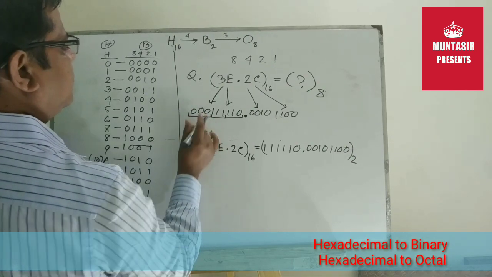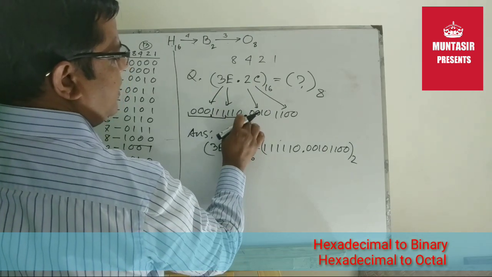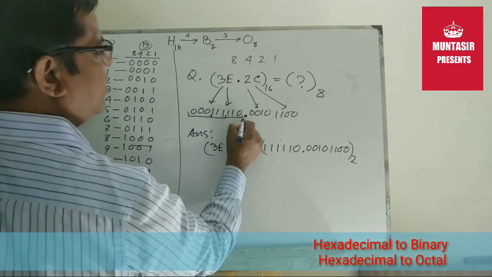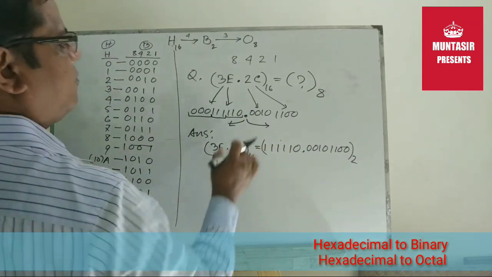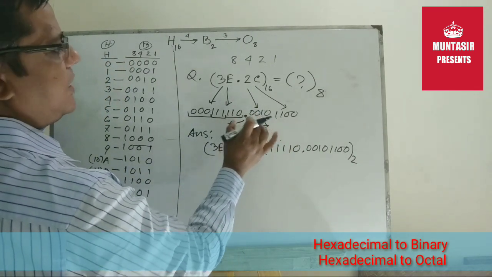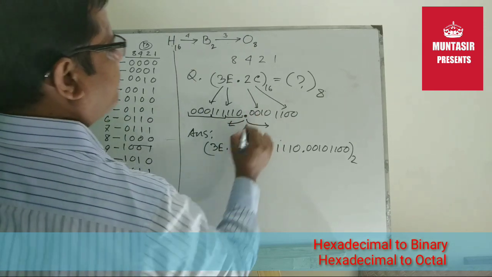You can add 0s, and we have to make every group 3 bits.